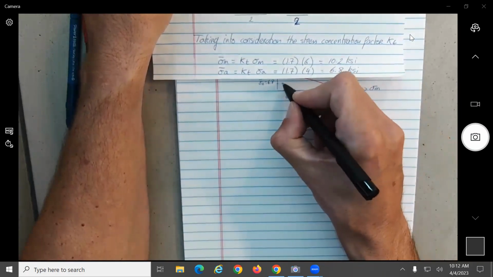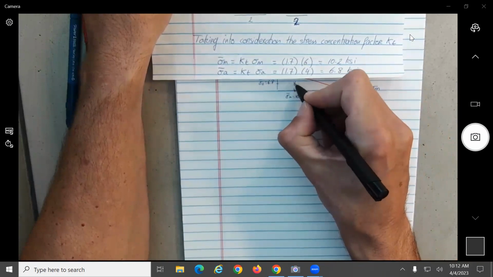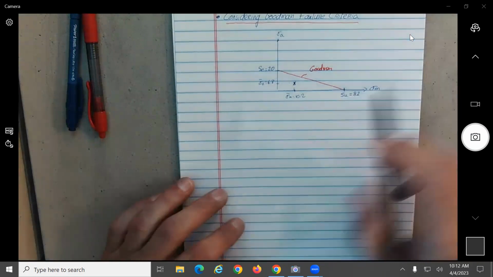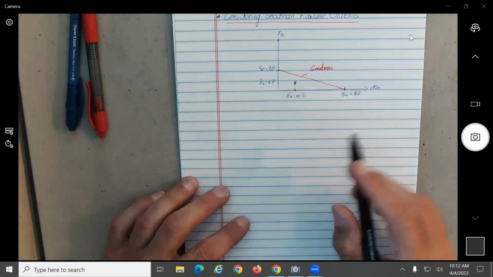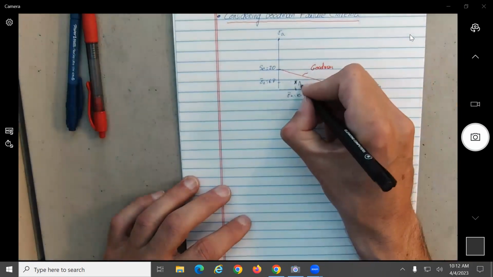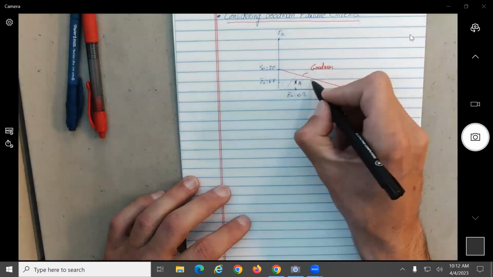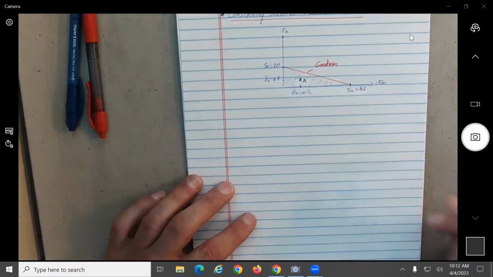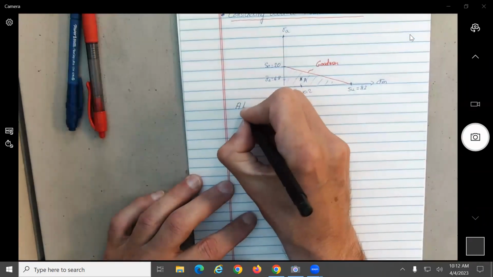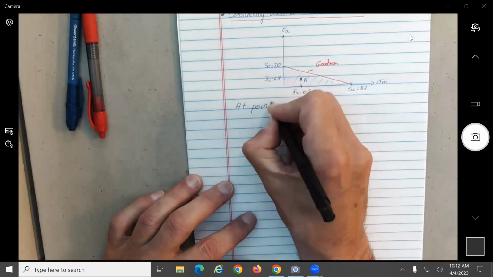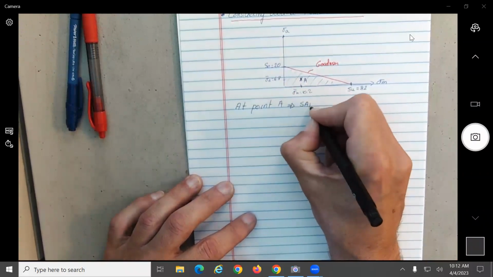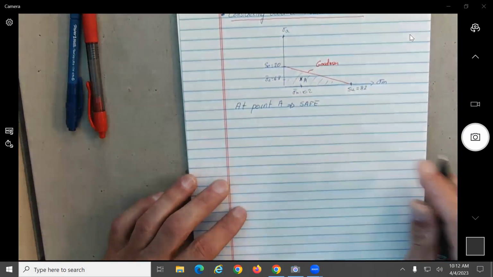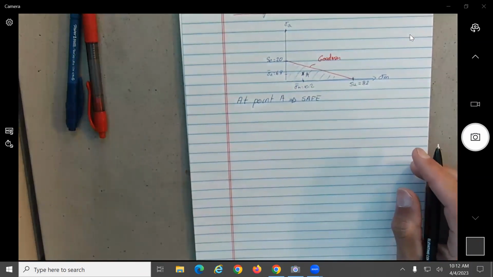So I mean, I know it's completely random, but what will be the point then that we are considering? That side, no? So let's call it point A if you want. What can we say at point A? We are in the safe area.